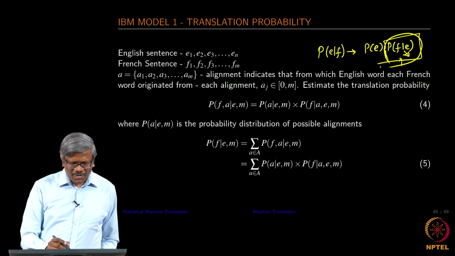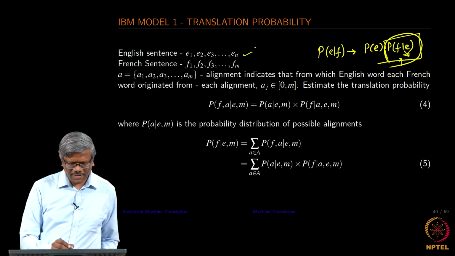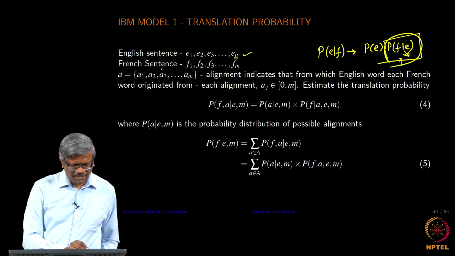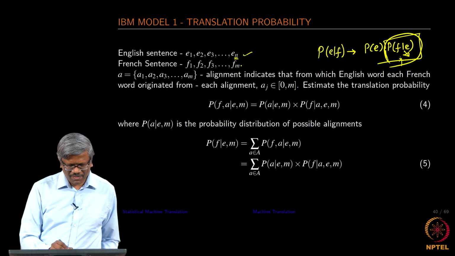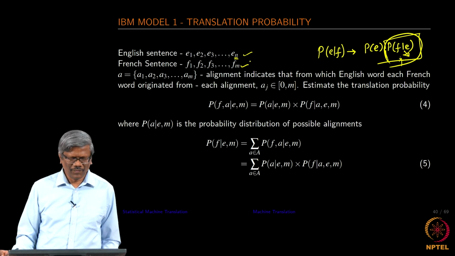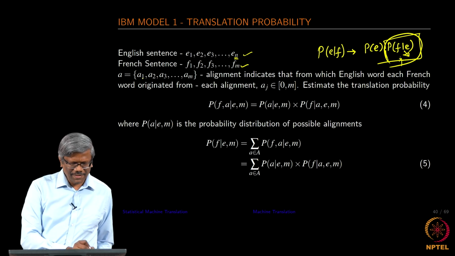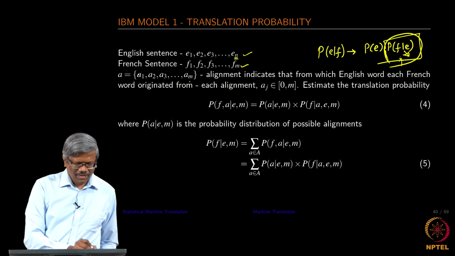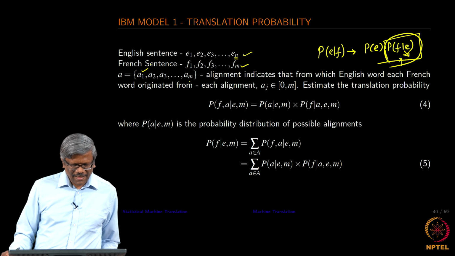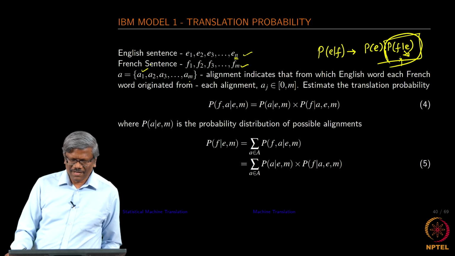In this model we are going to consider the English sentence whose length is given by n, and a French sentence whose length is given by m. Then we use a set of alignment variables, where A1 corresponds to the alignment from the French word to the English word.